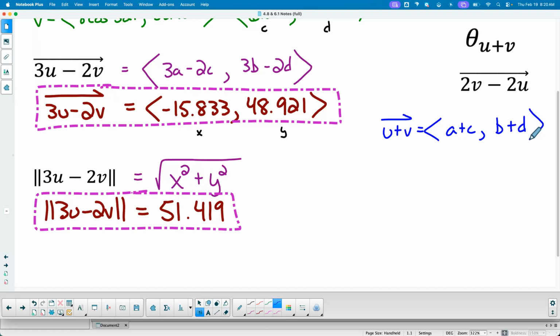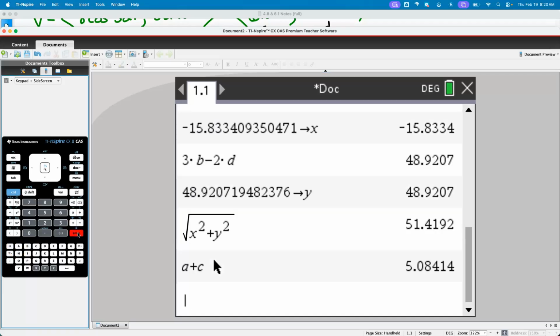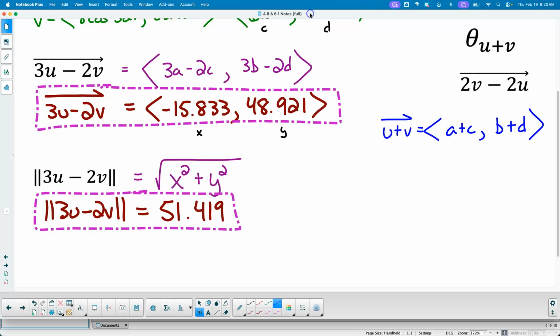Okay? So a plus c is 5.084, and I'm going to store that as, I'm going to pick two more here, t and u. And I stored that as my t.